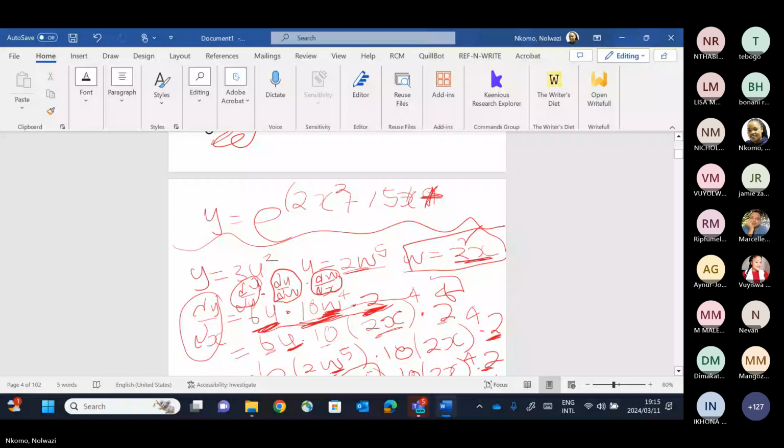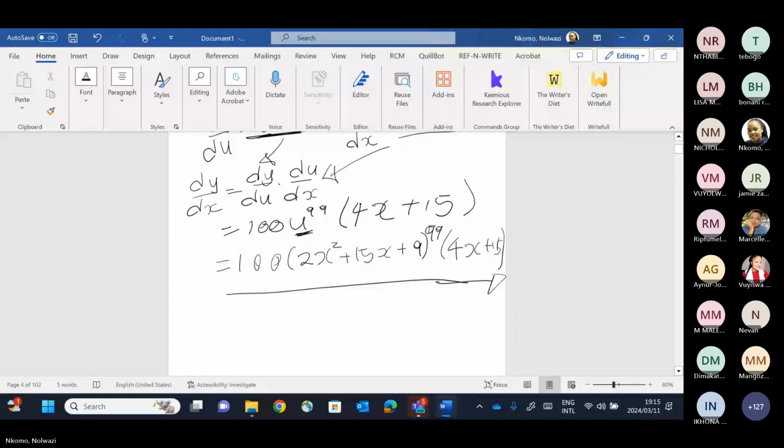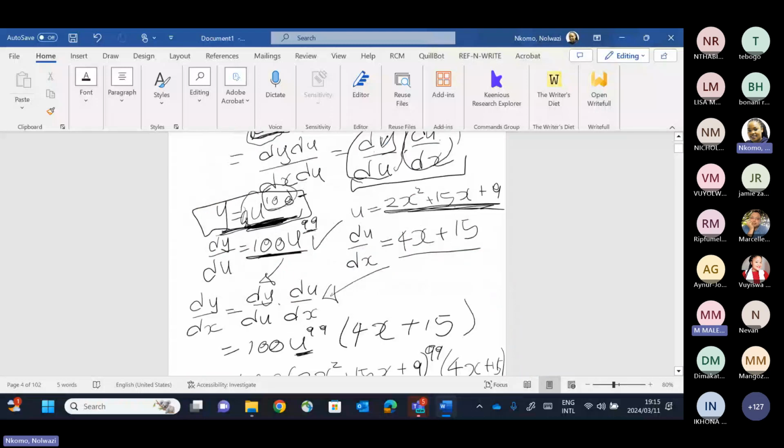You said it's dy over dx equals dy what? Not that one, the one that we are doing right now on the example that the lady just gave you. I just want to see the formula. How did you do it?